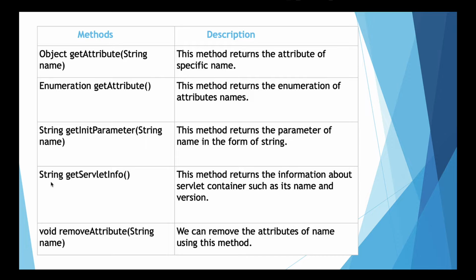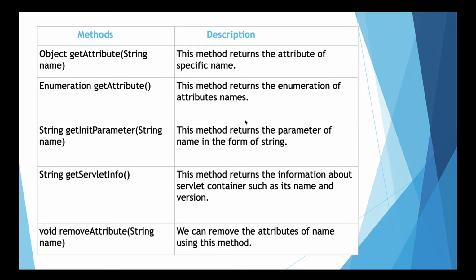String getServerInfo: this method returns the information about the servlet container, such as its name and version. Void removeAttribute: we can remove the attribute of the given name using this method.